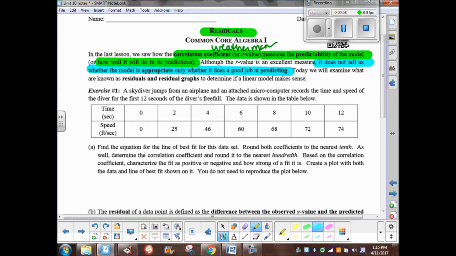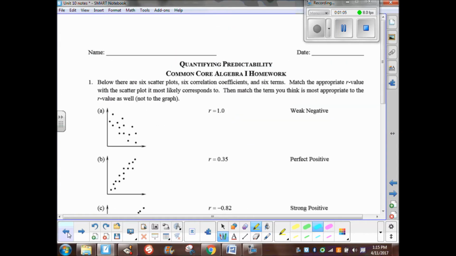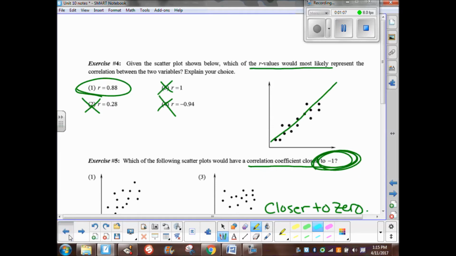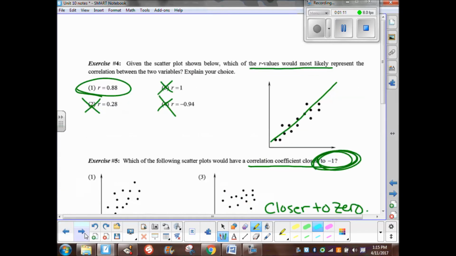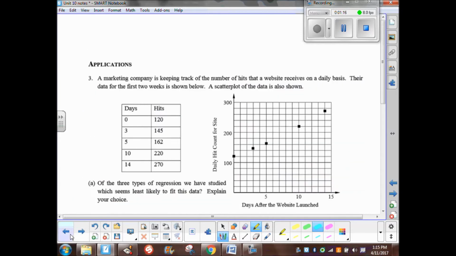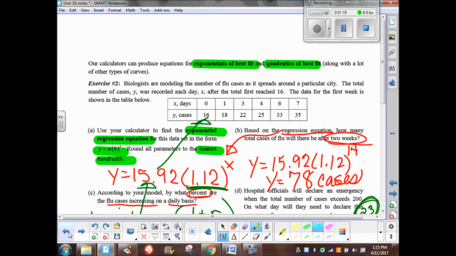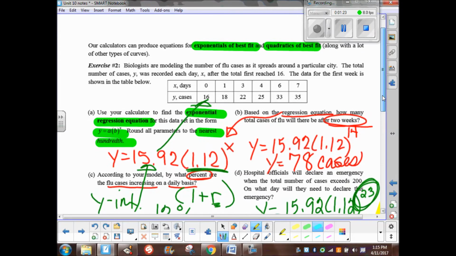So we had an example yesterday in class, the flu cases one. Let's go back and just, you guys don't have to flip your pages. Where was it? No, I can't find it. Other types of regression. Oh, it was here. Okay. This example back here.